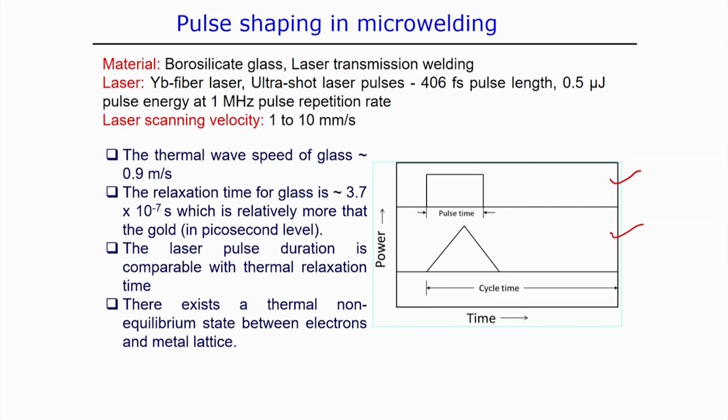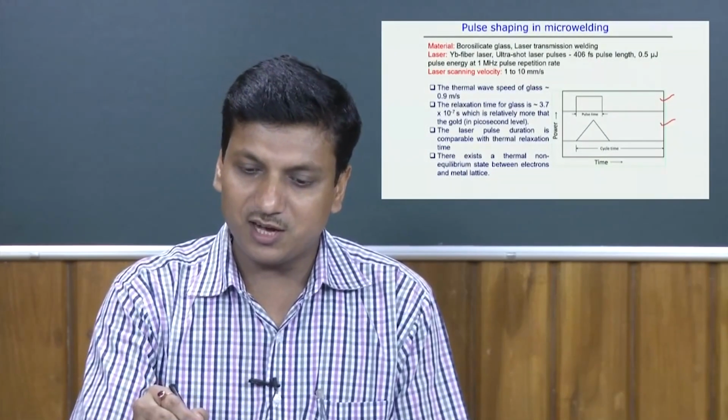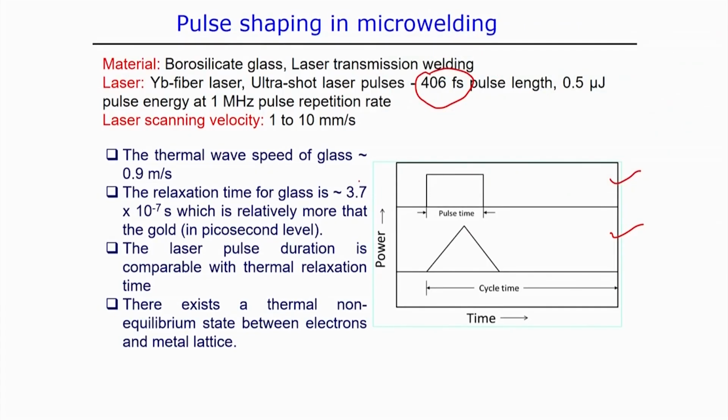Now, when we consider these things, the relaxation time is actually comparable as compared to the pulse width. So, this relaxation time is more as compared to the pulse on time, that means 406 femtosecond, compared with the 3.7 into 10 to the minus 7, that is the relaxation time.